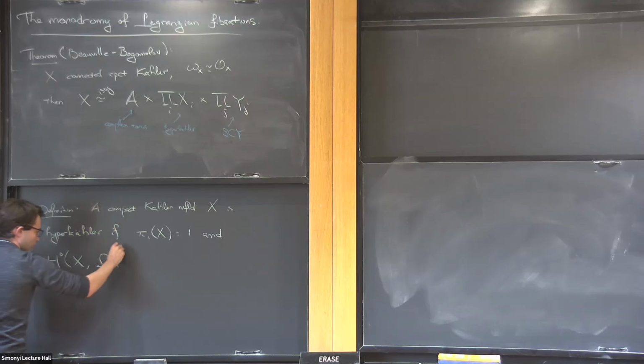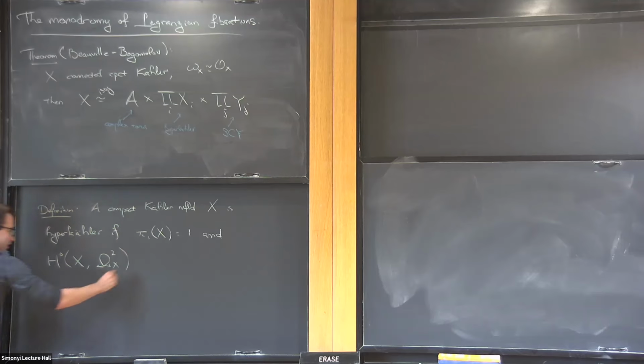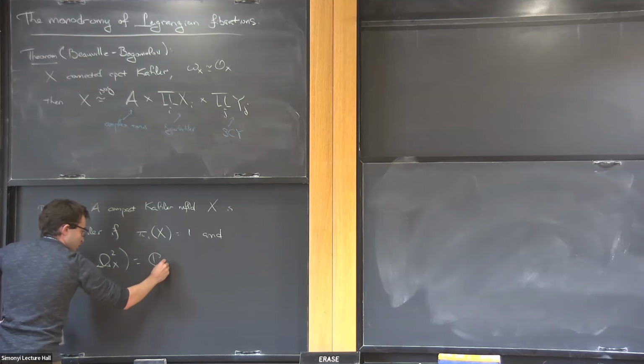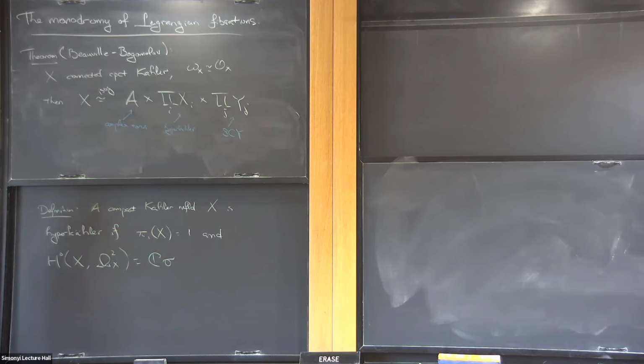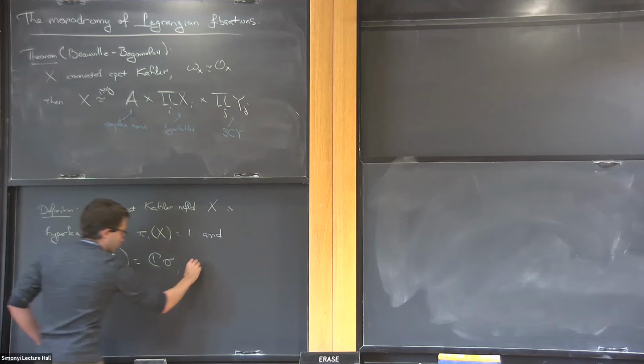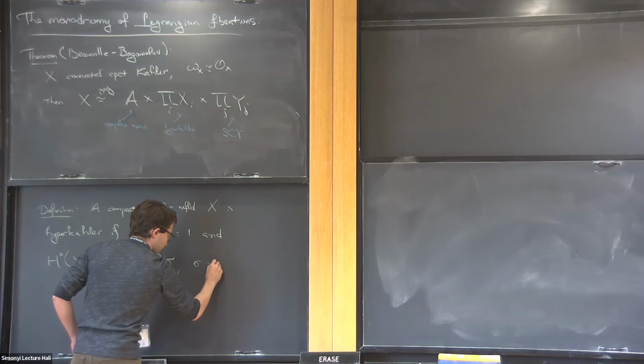Take wedge 2 of the cotangent bundle, and I want sigma to be a global holomorphic symplectic form, where sigma is non-degenerate everywhere.